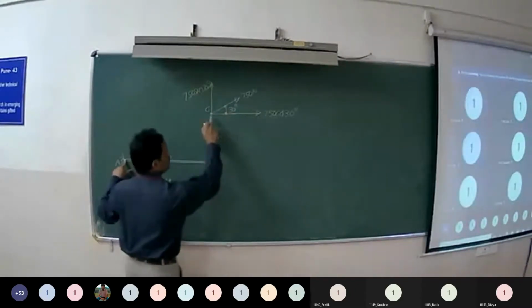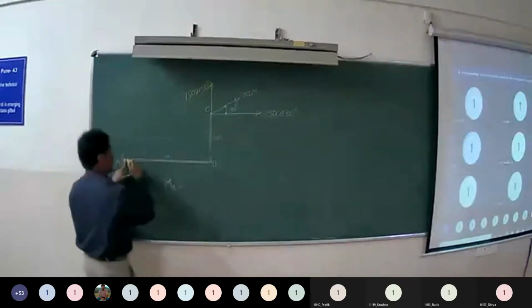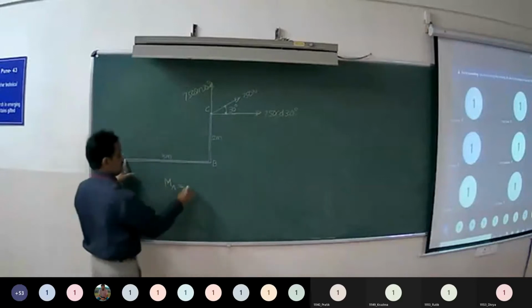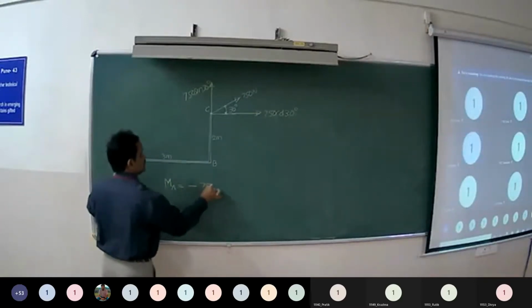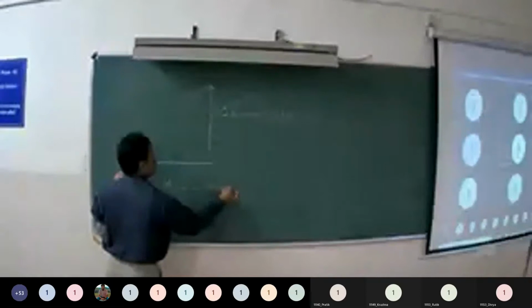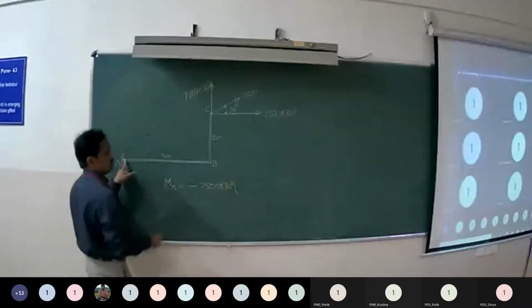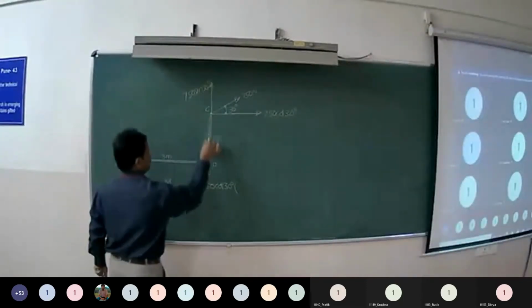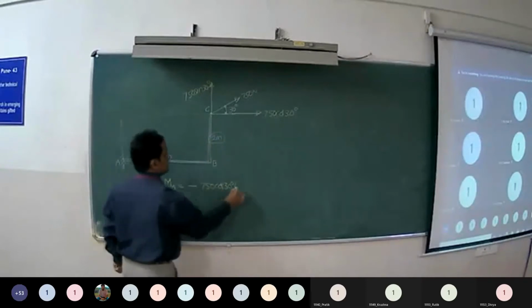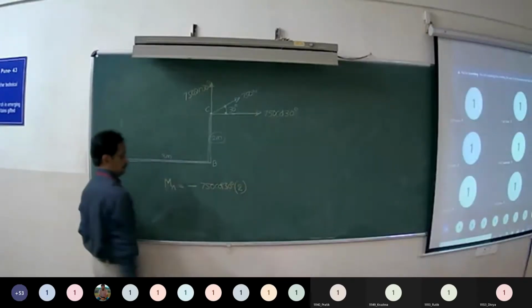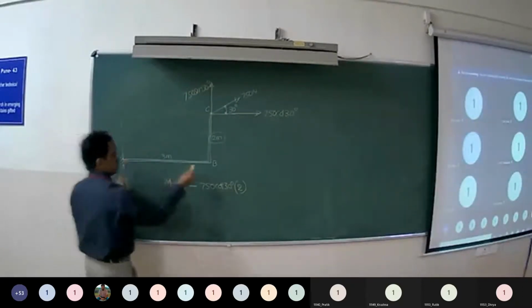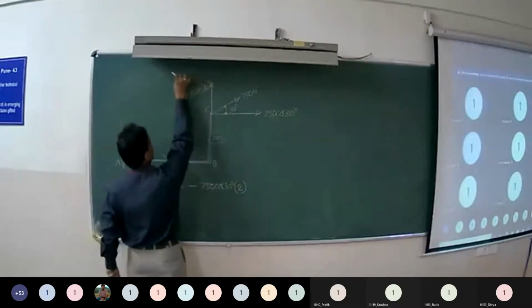You tell me now, what is the moment of horizontal component about point A? Sense is clockwise, minus 750 cos 30 into perpendicular distance from the line of action of the force to point A. That is nothing but 2 meters. The moment of vertical component about point A. What is the sense of rotation?